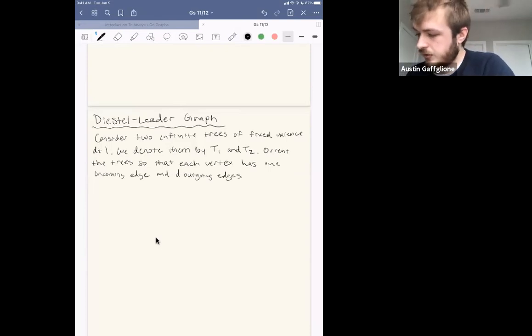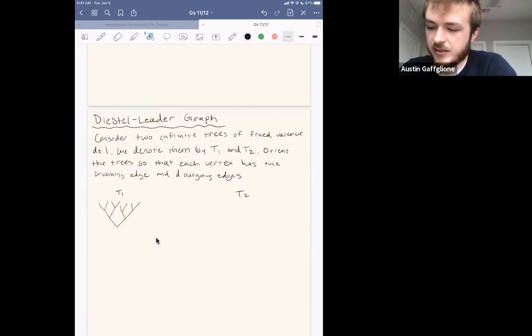Okay, as an example, if I have a tree like this, we can call this our T1. And for T2, we orient it in the opposite direction.